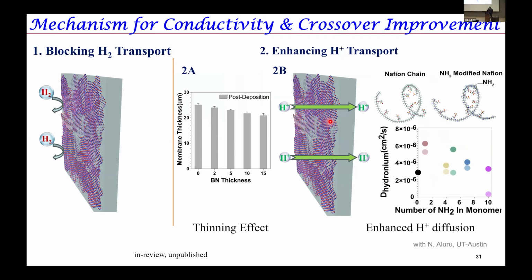Theoretical calculations by our colleague, Professor Aluru, who was at UIUC and came to Texas a few years ago, show that when you have these boron nitrogen radicals penetrating the polymer, they can functionalize and latch onto the side chains of the polymer. And that side chain can increase the diffusivity of hydronium. Protons transport through materials through hopping, the so-called Grotthuss mechanism, as a hydronium particle. So this is a theoretical reason why this conductivity can increase.